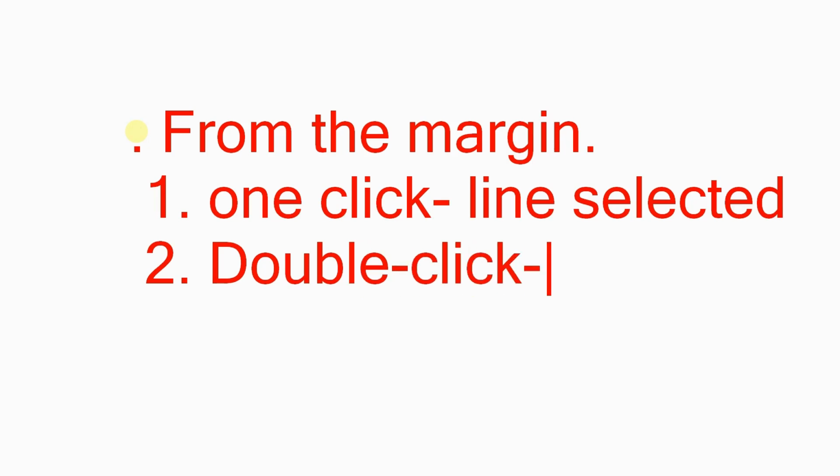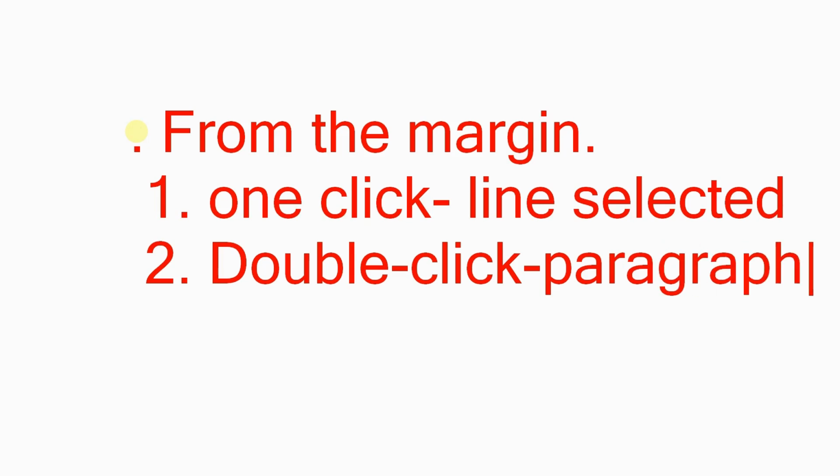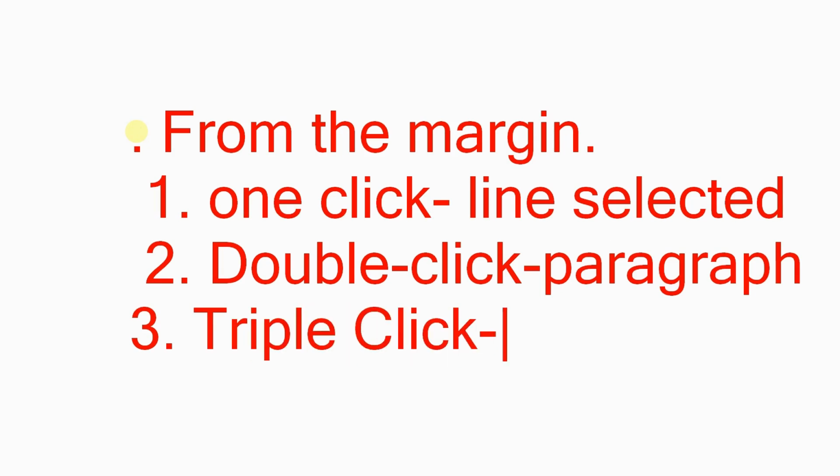If you do double click, then paragraph selection, then if you triple click, which is 3 times faster, then it's going to select all the text. Okay, so just remember that.